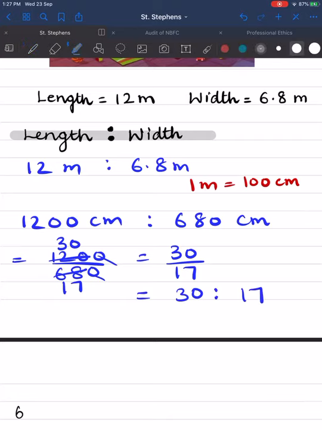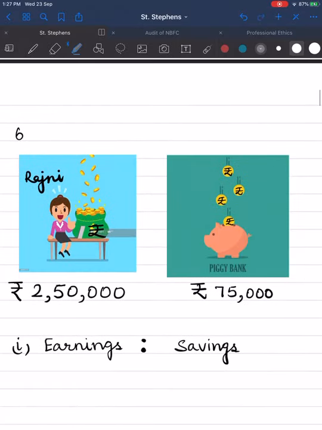Now let's do question 6. In a year, Rajni earns rupees 2,50,000 and saves rupees 75,000. In the first part, we have to find the ratio of money that Rajni earns to the money she saves. So it is earnings ratio savings.